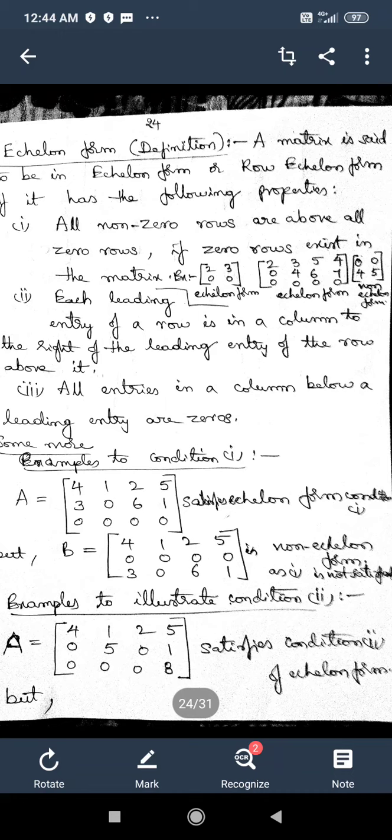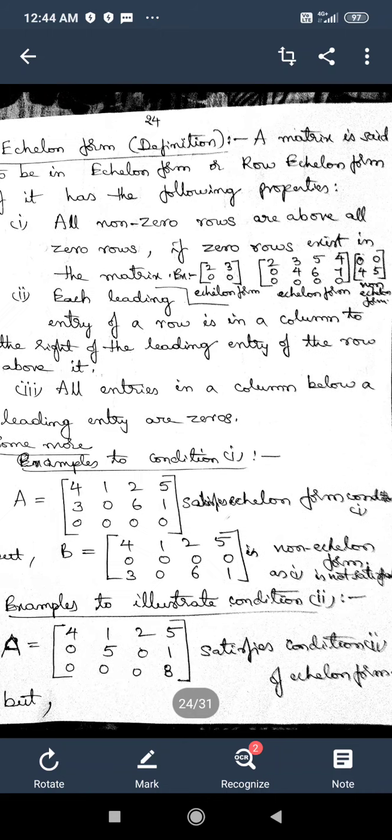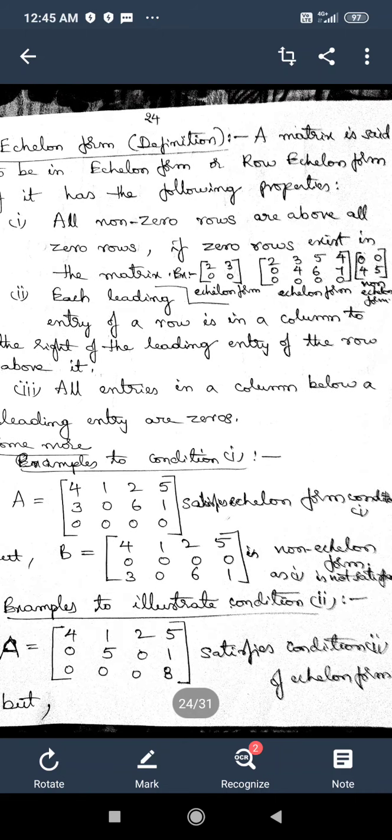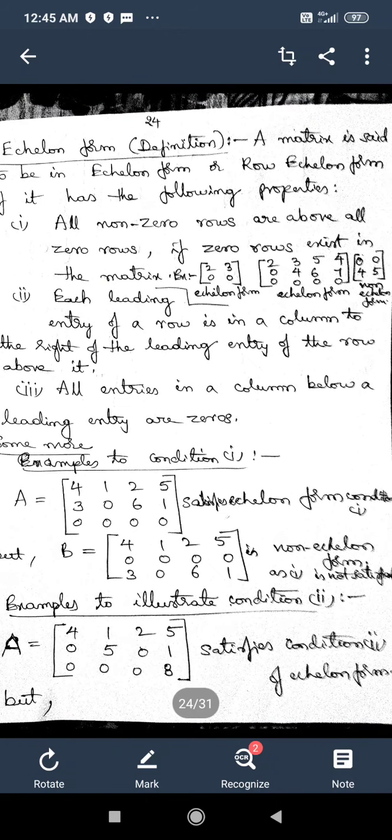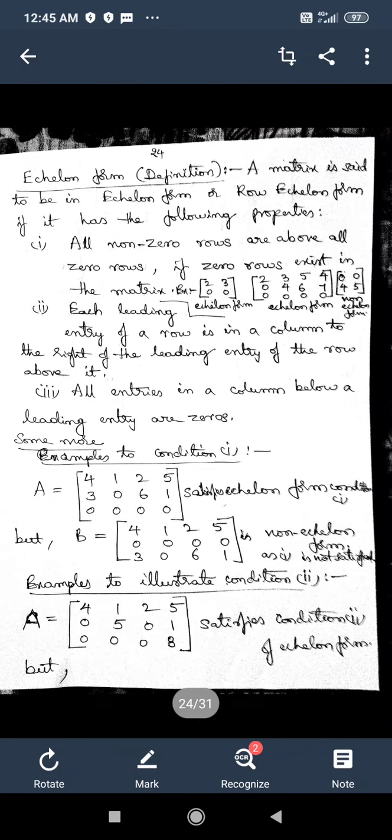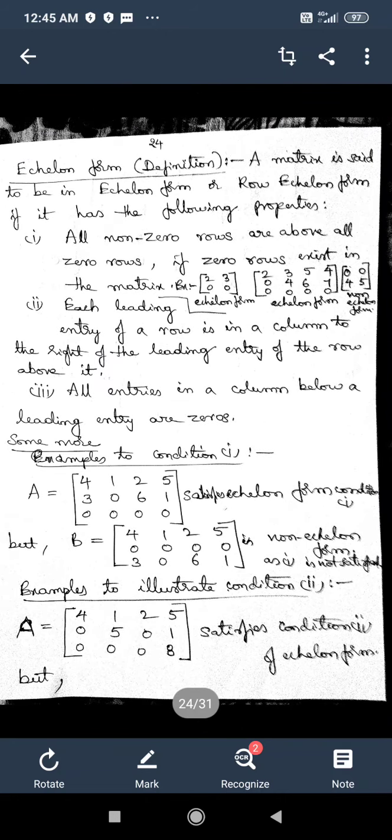So the first condition of echelon form says that all non-zero rows are above all zero rows, and the second condition says that each leading entry of a row is in a column to the right of the leading entry of the row above it.